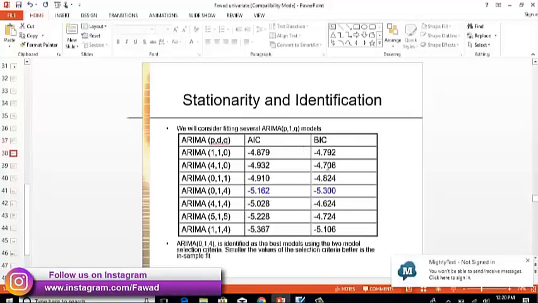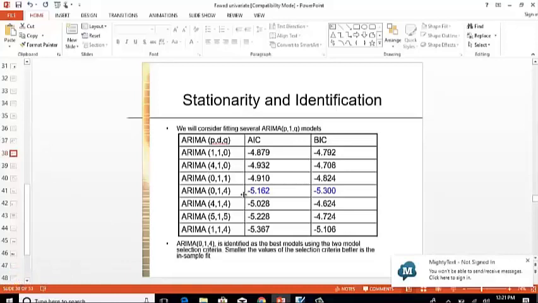This is the answer, meaning that AR0 and MA4 have the smallest values among all. So we will forecast our GDP on the basis of AR0 and MA4, because the AIC value and BIC value are the smallest among all.